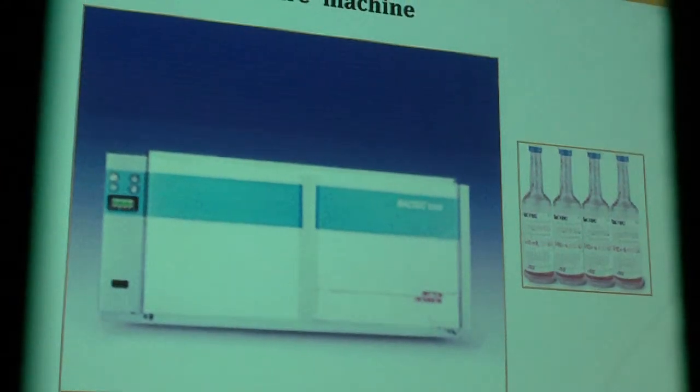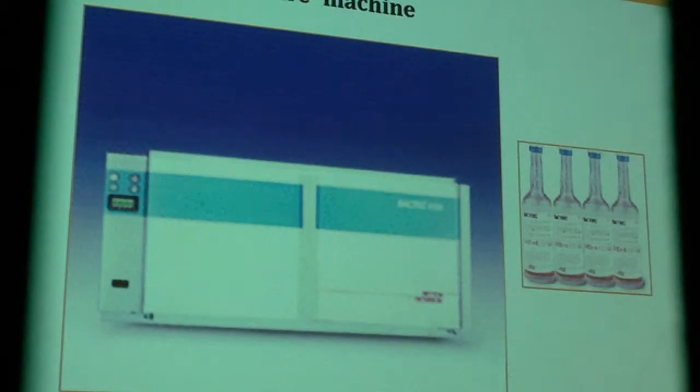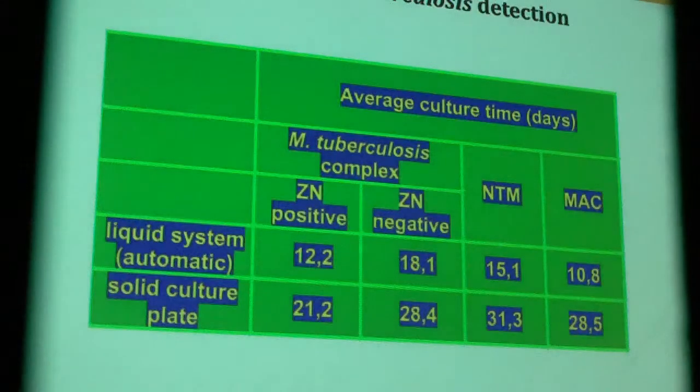Because the lecture is about molecular diagnostics, I won't go into details of the culturing techniques. But this is a machine in which the blood of the patient goes directly into these kinds of bottles, which are positioned in this automated system, and it just starts beeping when one of the bottles becomes positive. That's what is currently used in the laboratory.